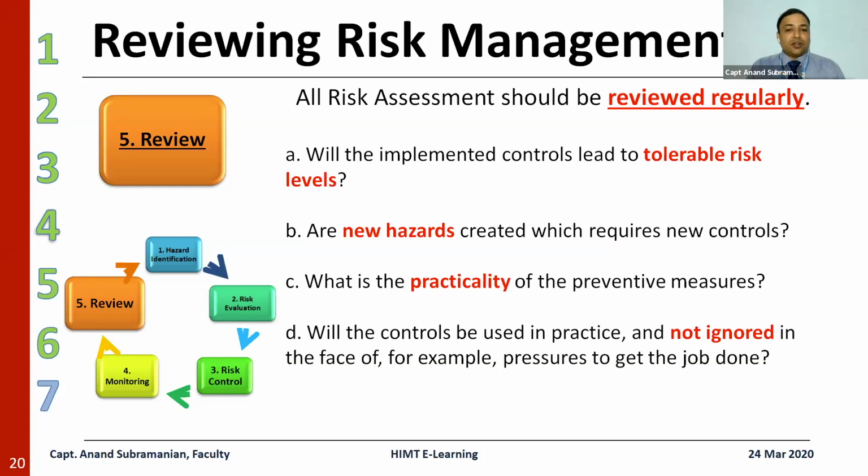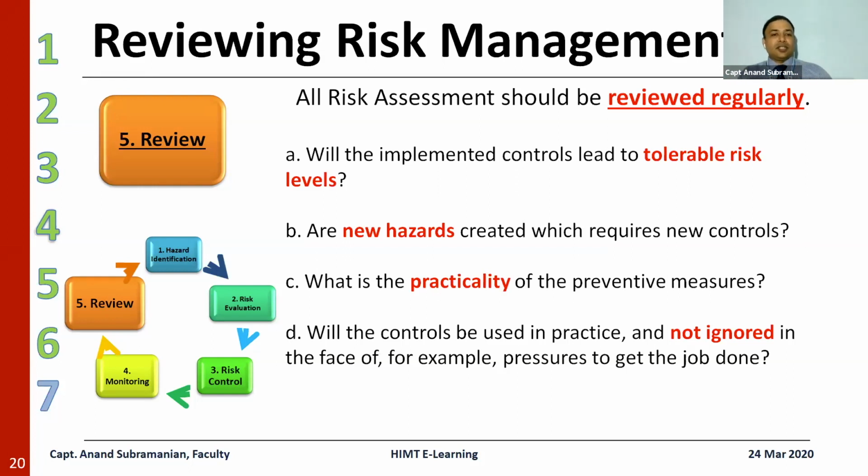That is what is called a new hazard. And a new hazard requires new control. That means next time when I do a job, can I ignore this particular new hazard? No, sir. So it requires new controls. New controls means new control measures, new barriers to stop that hazard from affecting you again. Yes, I got it, sir. Thank you. Okay, all right.